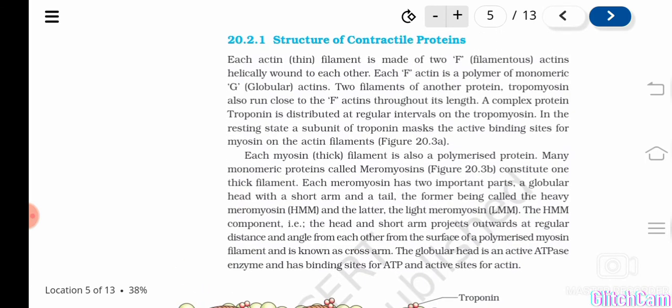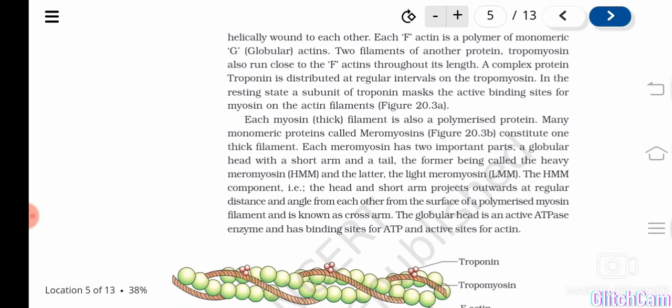Is it clear? Now, two filaments of another protein known as tropomyosin. Can you see this? So this is the tropomyosin. Understood? Tropomyosin also runs along the length of the actin filament. Then a complex protein known as troponin, you can see here at regular intervals.